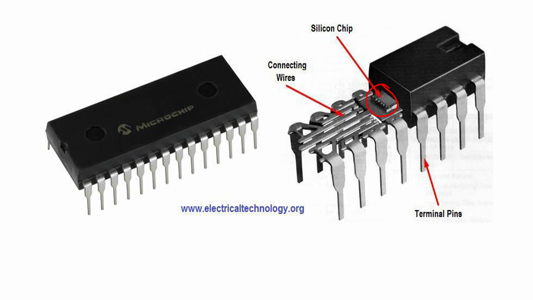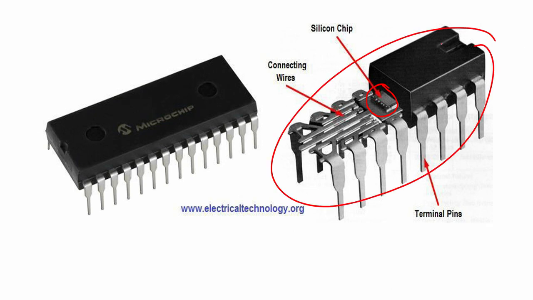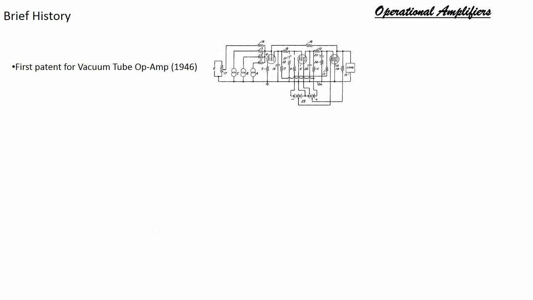Now when you talk about operational amplifier, you should know a little bit of history of operational amplifier, how it emerged and how it was invented, and what kind of op amps we are using now. All right. So we have already discussed this particular point, so we are not going into detail about this, but if you see the brief history of operational amplifiers, the first patent for a vacuum tube op amp was in 1946.